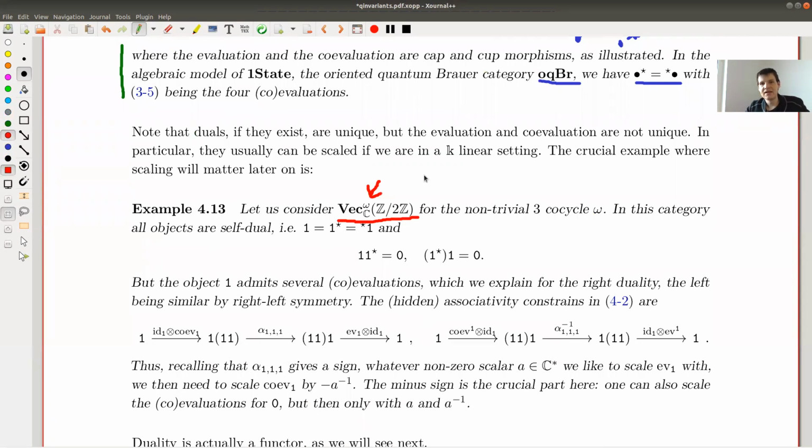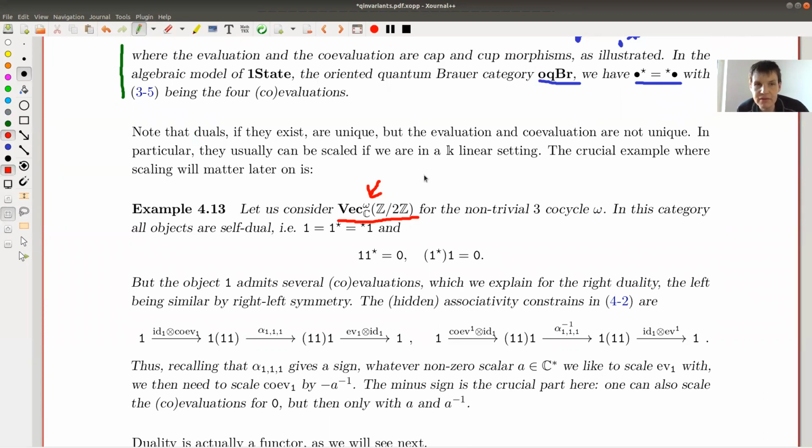And what I'm explaining in this example is that duals are unique, but evaluation and co-evaluation maps are not unique. Remember that with a monoidal category, the monoidal structure was a choice, and we're always suppressing it. It will be the same here. There's a choice involved, and I will suppress it, but you should keep in mind that there's actually a source.